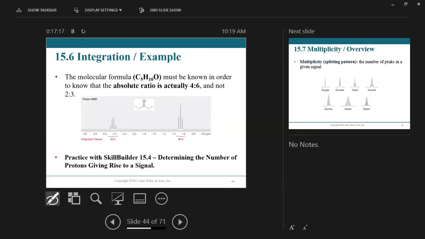The molecular formula must be known in order to know the absolute ratio is actually 4:6 and not 2:3. Here's 2. That's how you get your 4. And then you get your 6 from counting these ones. And if I label these all A's, you get your 6.